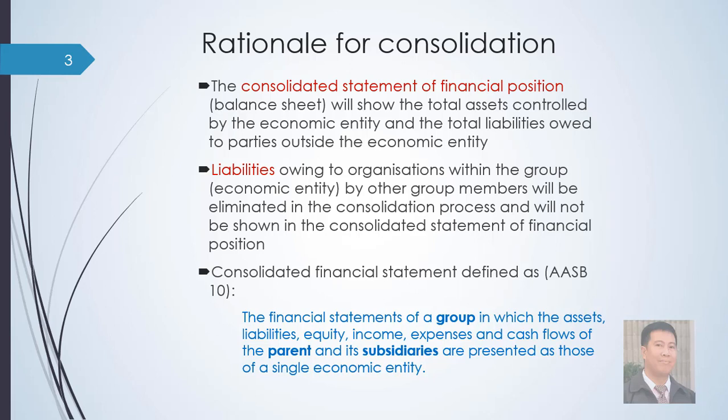So again, when we talk about economic entity, it will be all subsidiaries and parent statements. So they will be seen as one only. Liabilities owing to organizations within the group or the economic entity will be eliminated.